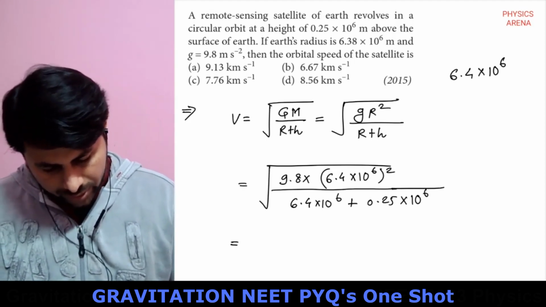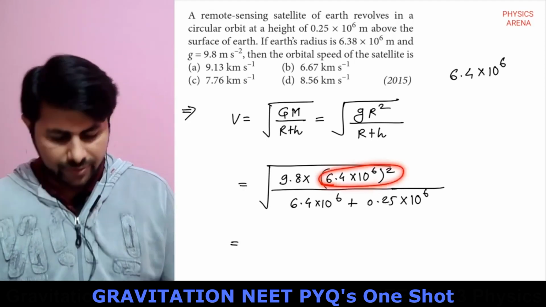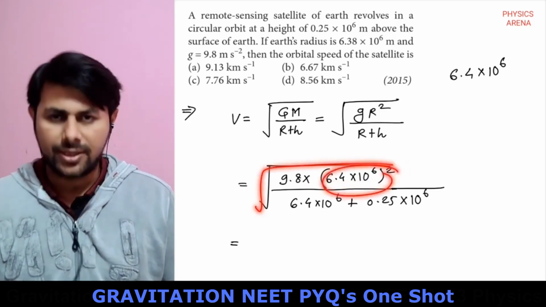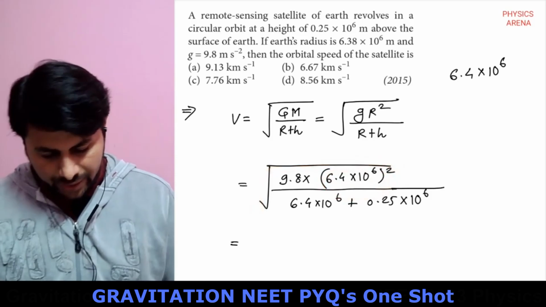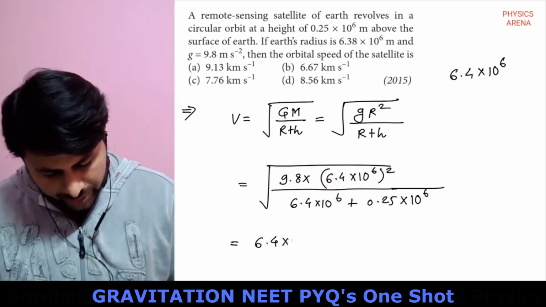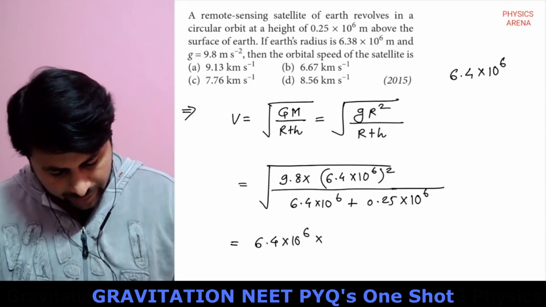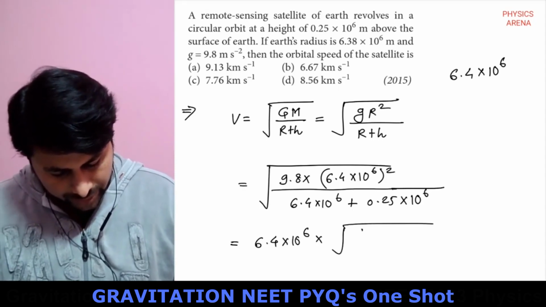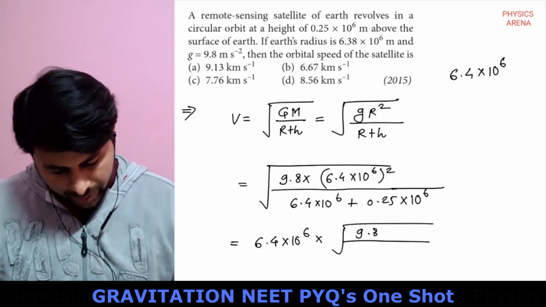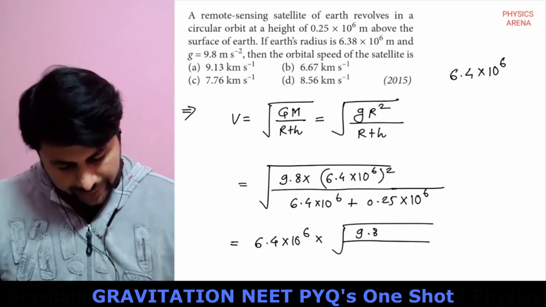Okay, so we have R square, and the square root of that will not touch this thing, we'll just take it outside. So what do we get? We get 6.4 into 10 raised to 6 multiplied by square root of 9.8, and in the denominator we have 10 raised to 6.